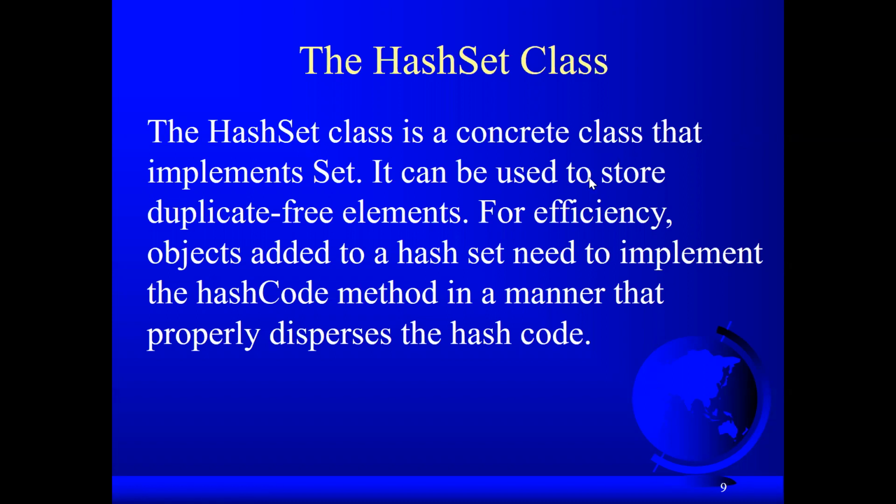So it can be used to store duplicate-free elements. That's why I mentioned that it will not allow duplicate elements. For efficiency, objects added to your HashSet need to implement the hashCode method in a manner that properly distributes the hash codes. So it has to provide the implementation for the hashCode and equals functions, because the default implementation might not be that effective.